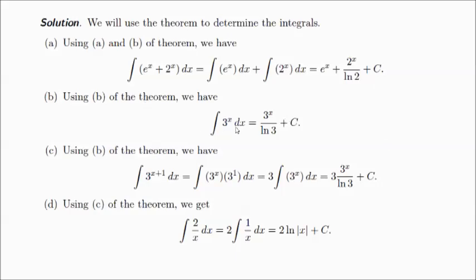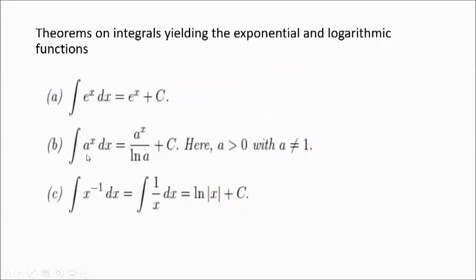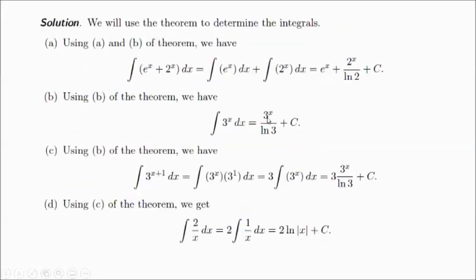Okay, next. Integral of 3 raised to x dx. Same again. Formula based, class. So you just have to follow the formula. 3 raised to x, then over ln 3. Because the a there is 3. Letter C, 3 raised to x plus 1 dx. This one you just need to adjust a bit. Because you can actually separate this one as multiplication.